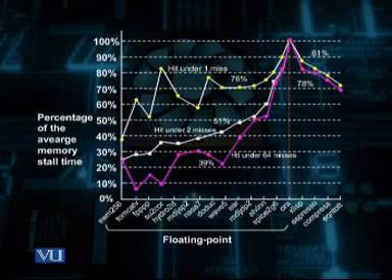Also note that the floating point programs benefit from the complexity of hit under miss, whereas the integer programs get benefit from the simple hit under miss.